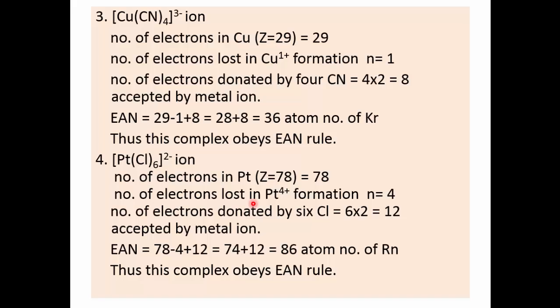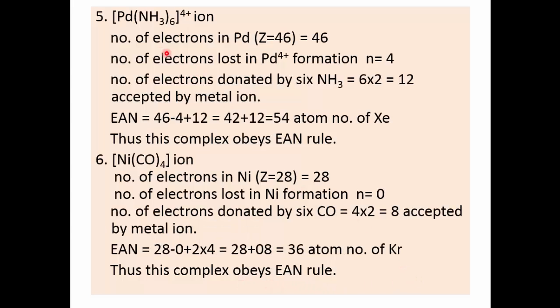Number of electrons lost to form Pt4+ ion, that means N is equal to 4. 4 electrons are lost. Then there are 6 chloride ions which donate 6 into 2, 12 electrons, which are accepted by metal ion. Substitute these 3 values in this formula again. EAN is equal to 78 minus 4 plus 12, it becomes 86, which is nothing but the atomic number of radon, and this complex obeys EAN rule.